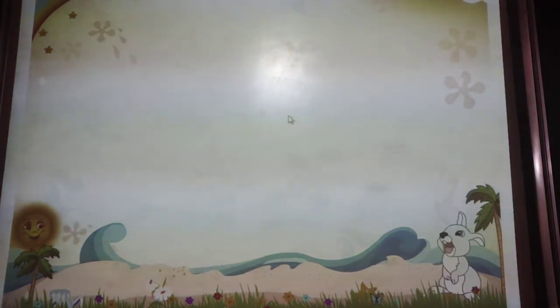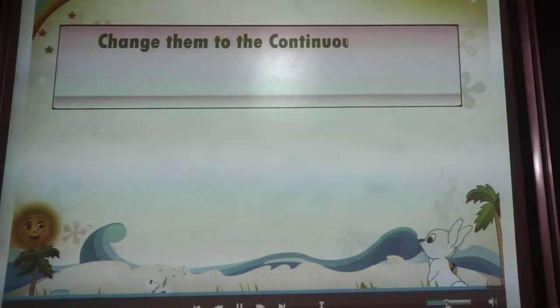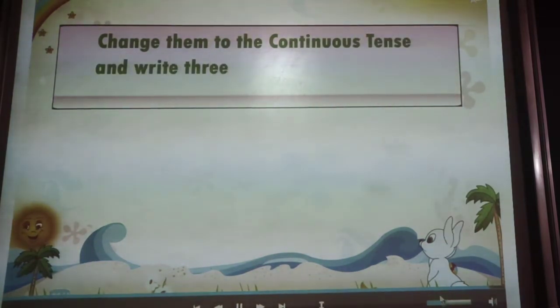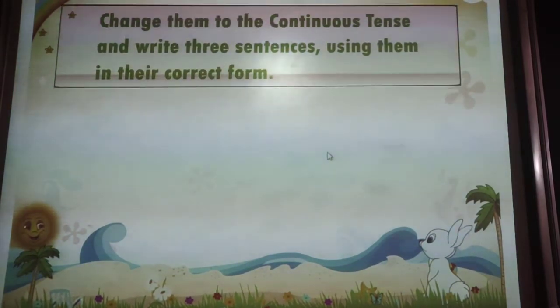Did you enjoy that rainbow? Just for fun, look at these three verbs. Change them to the continuous tense and write three sentences using them in their correct form.